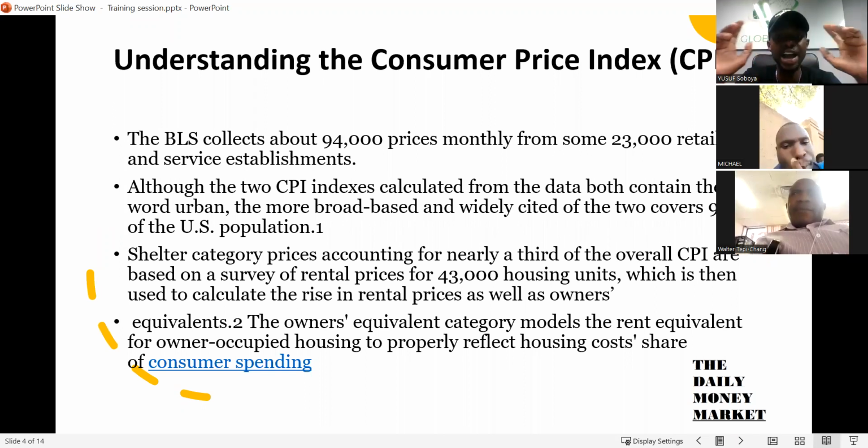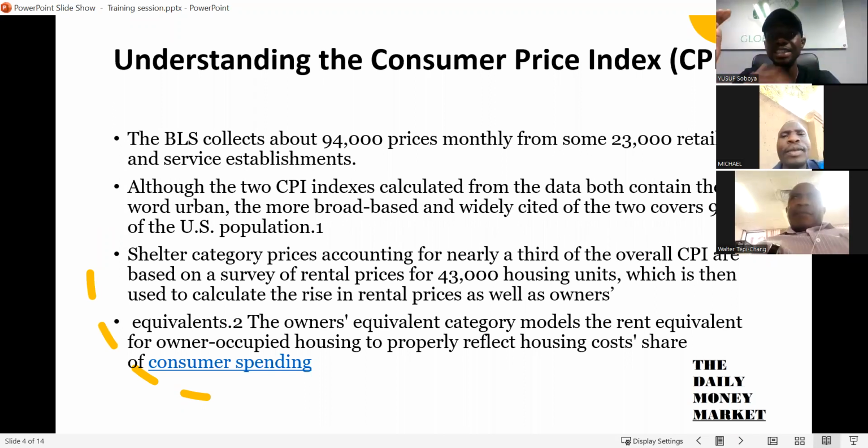Although the CPI indexes calculated from the data both contain the word urban, the broader and more widely cited one covers 93% of the United States population. So you can tell it's a lot of the population that this news release is based on.